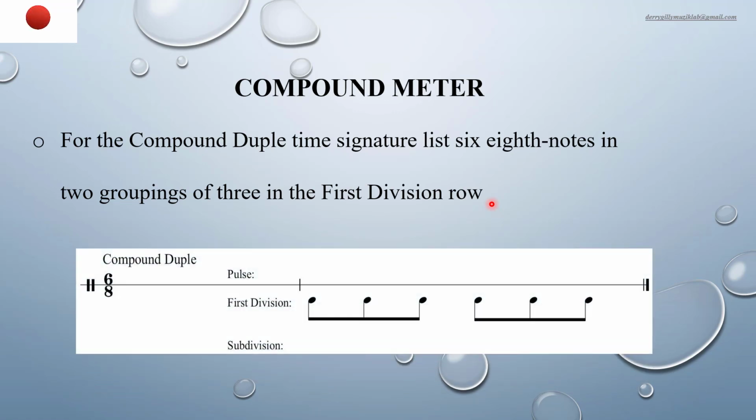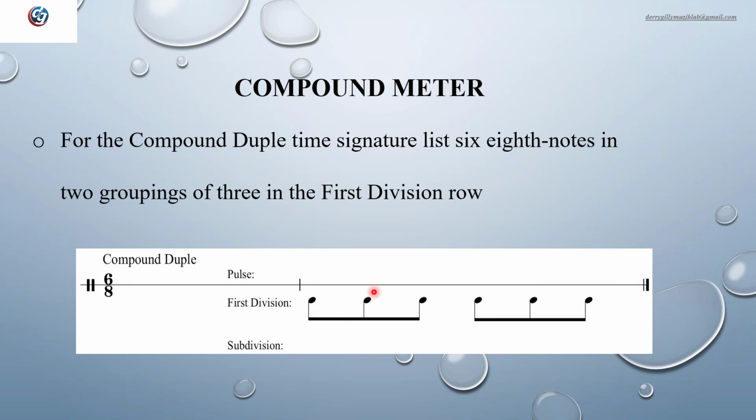As I told you, the pulse doesn't come here; we focus on the first division. So we list 6/8 notes in two groupings of three in the first division.